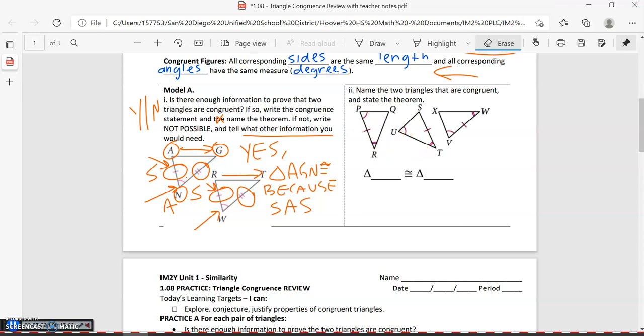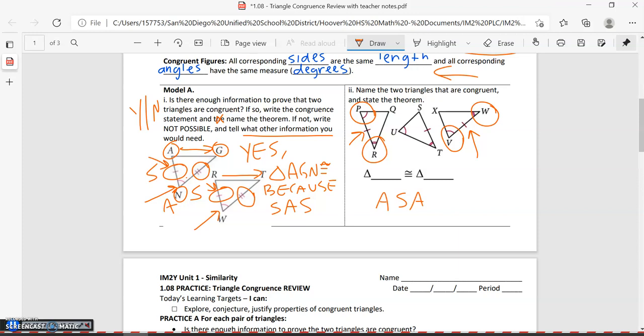Let's try PQR to the other triangle. So we have one line angle, two line angle, two line angle. And then once again, our side is in between, and our side is in between. So we have angle, side, angle. That is a postulate.